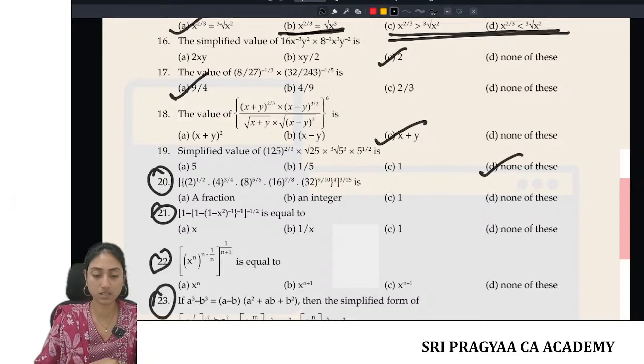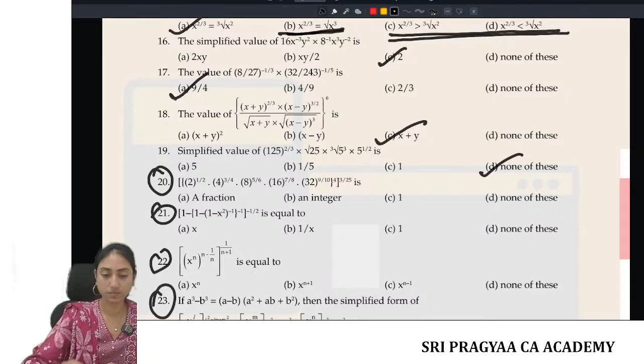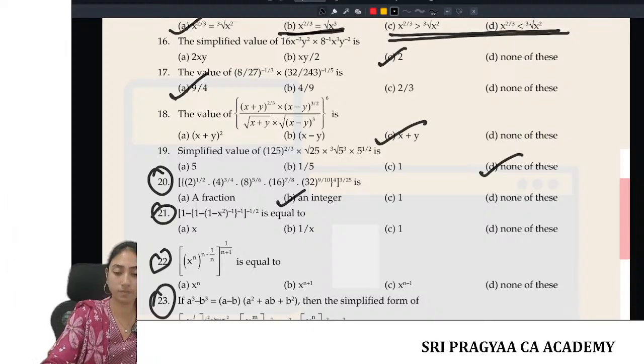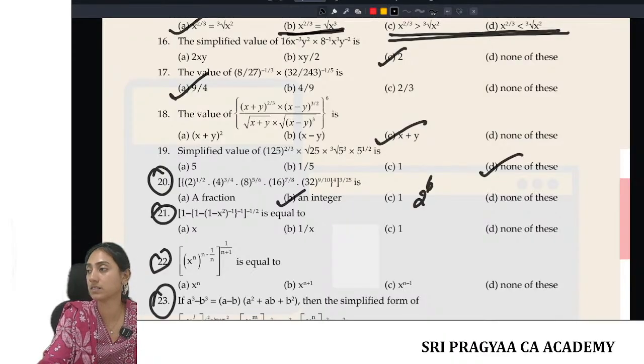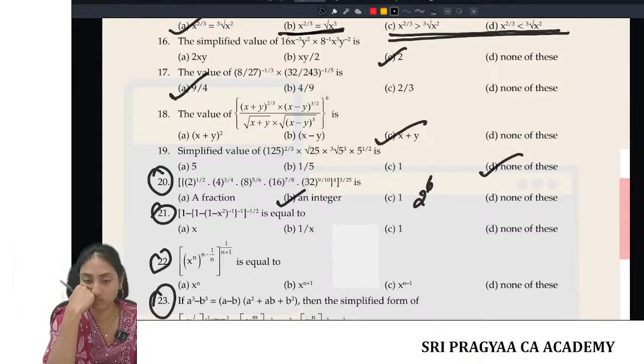20 is B integer. Did you solve? What did you get? 2 power 6. Is that right? Did you also get 2 power 6? Solve and see. Which sum are you in?